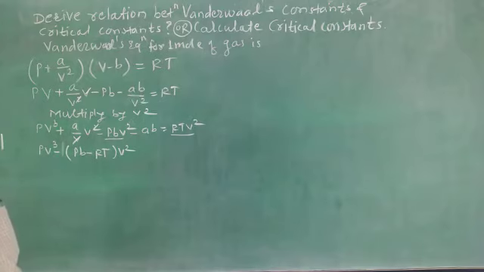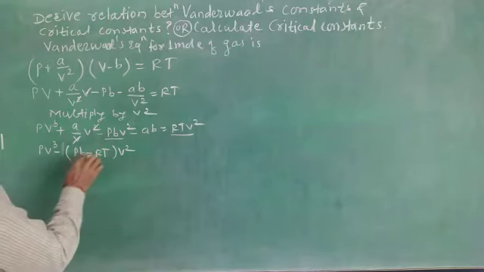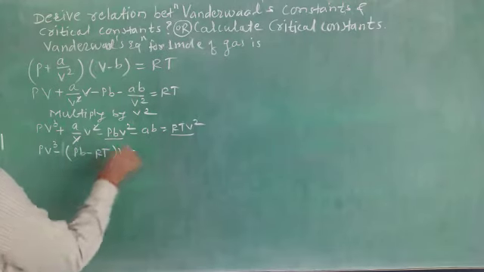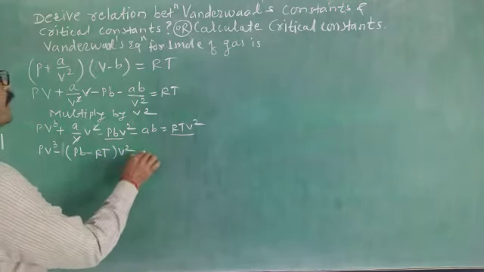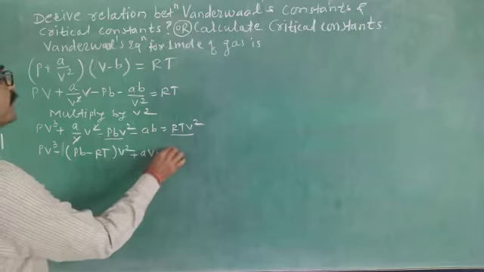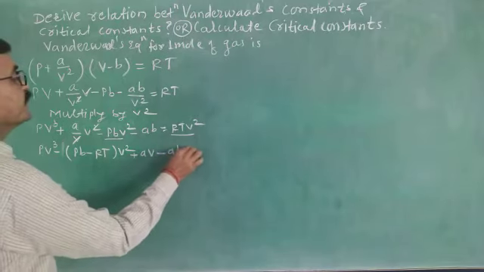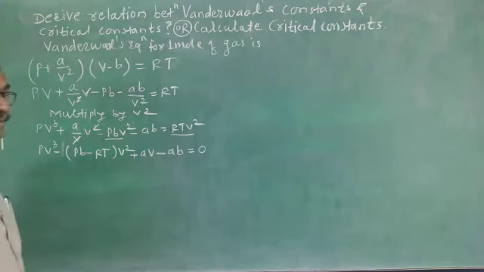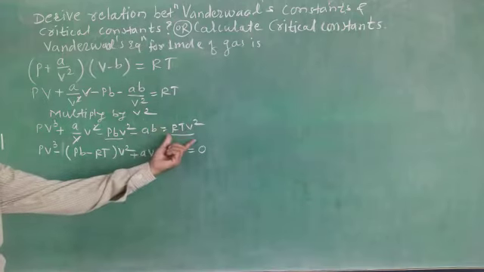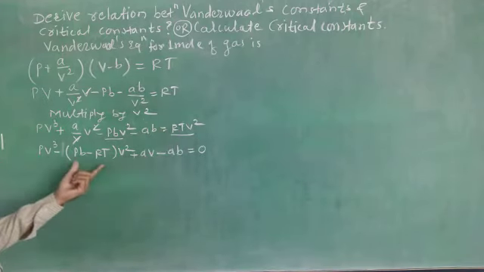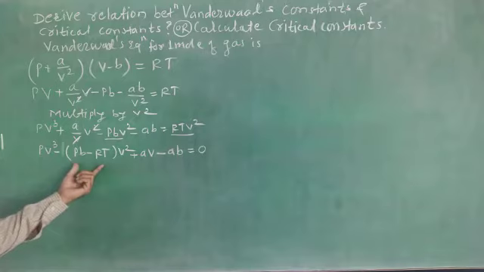Now after this, this will be plus a into V minus ab, that is equal to 0, since the right hand side term comes to the left hand side. That's why it is so.